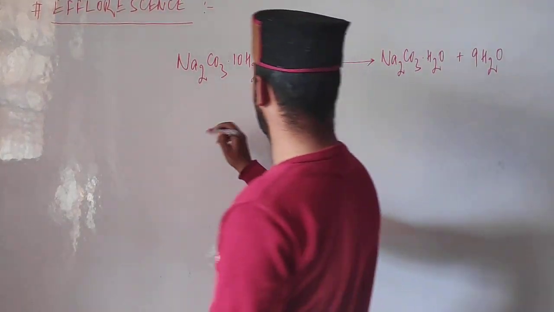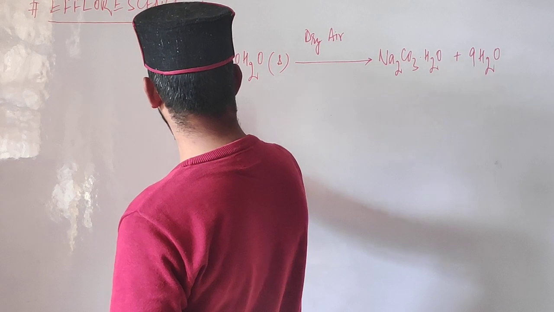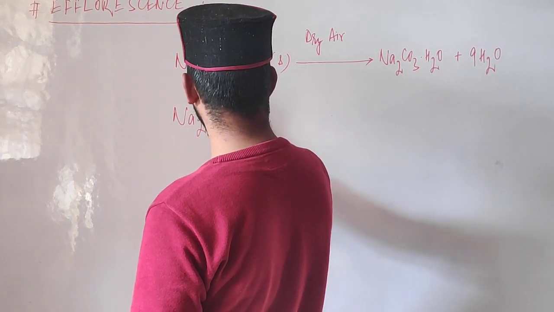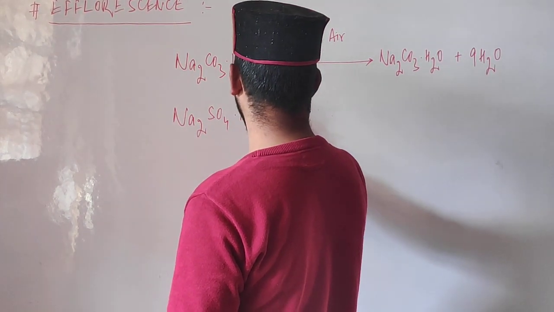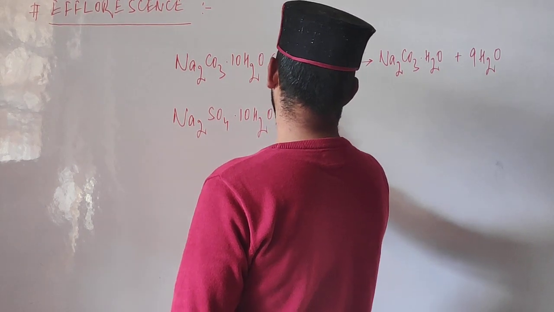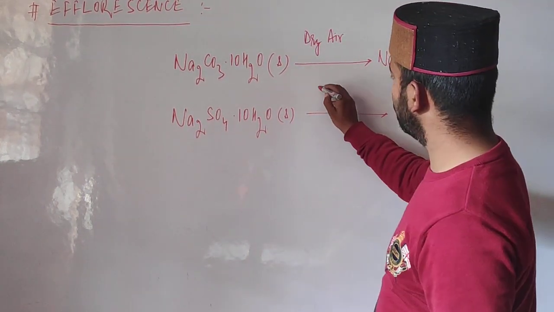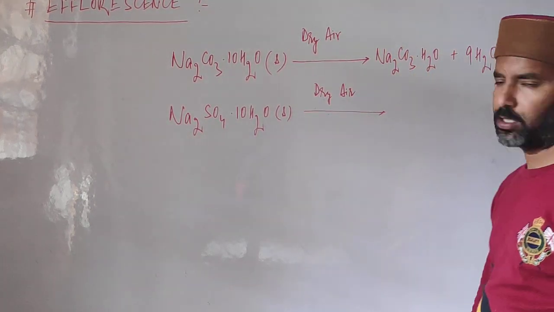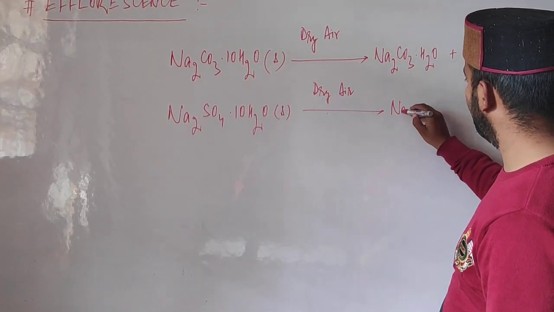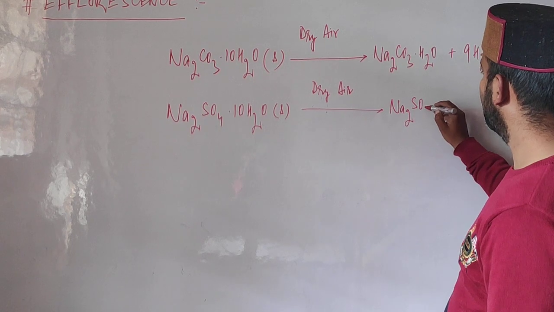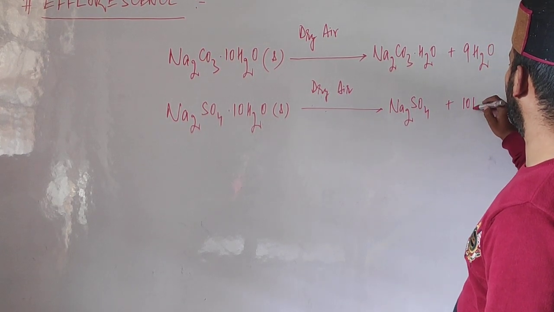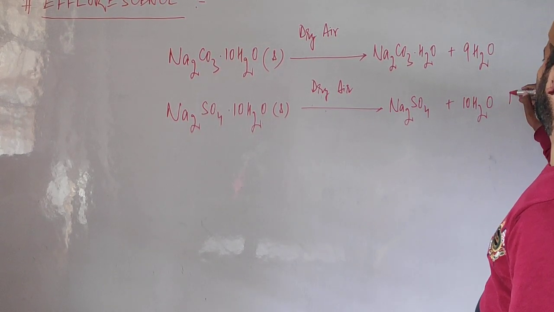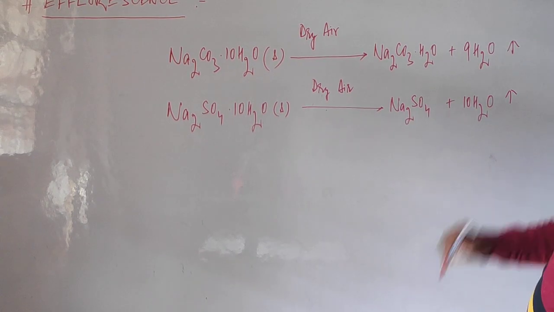But some salts lose water of crystallization completely also, like Glauber's salt, which is also decahydrate. When exposed to dry air, it loses its water of crystallization completely, whatever water of crystallization it has, it loses to the atmospheric air.